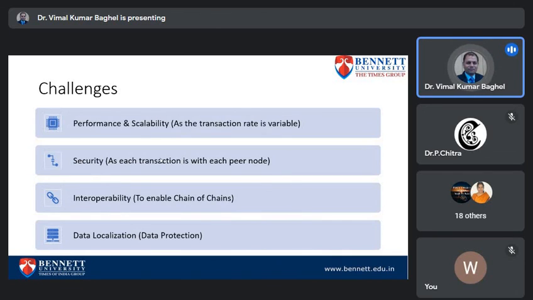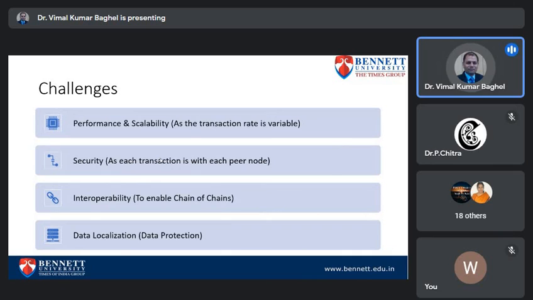Then security. As I said, security is there in the blockchain. The records are secure once they are stored into the blocks and committed over the blockchain, because they are secured through hashing. But at the time of transaction, because the records are available on every peer, and the transaction is provided to the peers for validation, at that time they are not cryptographically secure.